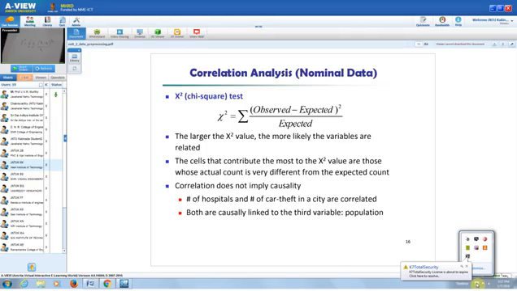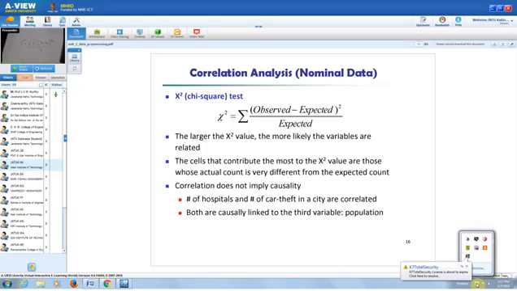This is the formula for your chi-square value. Here, Oij is the observed value, Eij is the expected value.